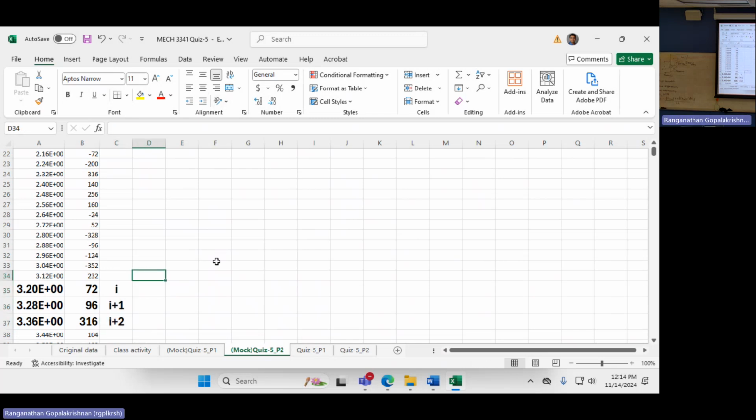Okay, so we want to compute. This will be xi plus 1, xi plus 2. This is f of xi, f of xi plus 1, f of xi plus 2.